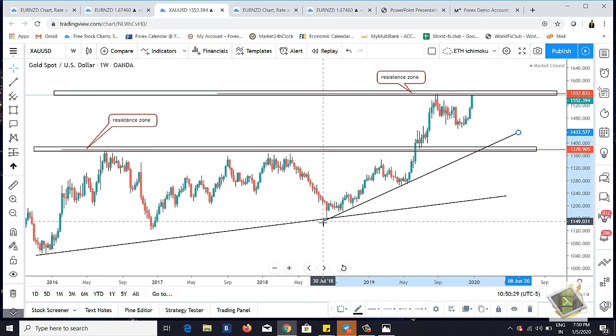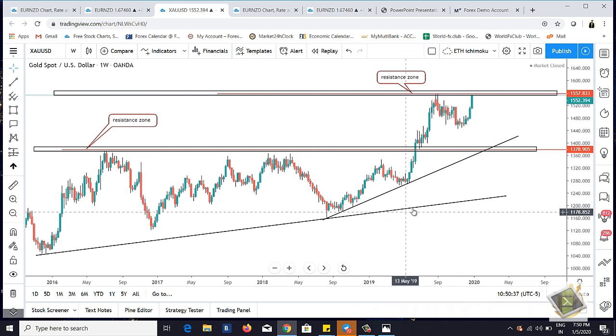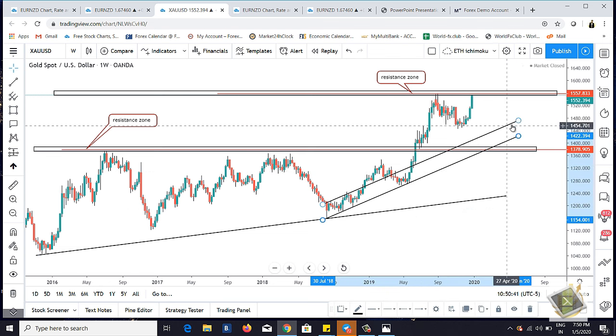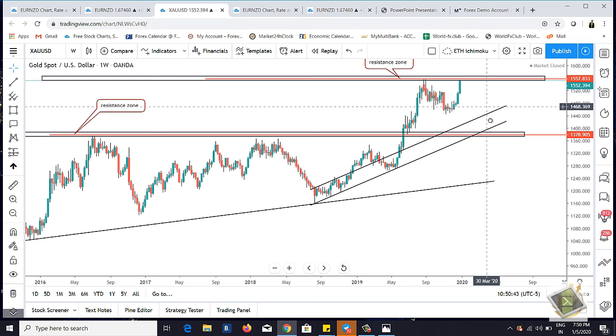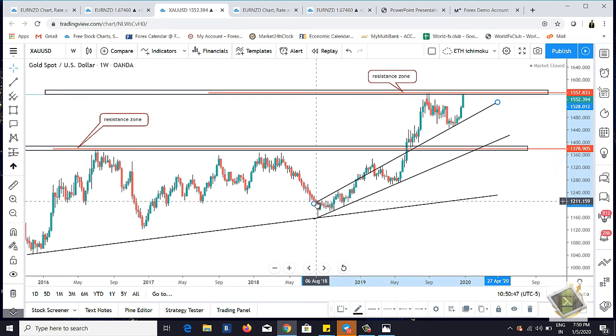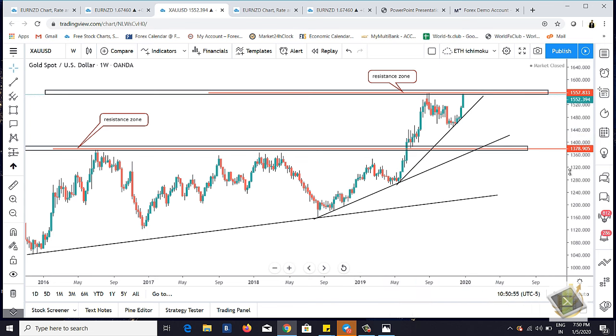Okay, you can draw as many trend lines as you want. You can draw another trend line here by connecting higher lows. You can connect this as well. You can draw as many trend lines as you want.